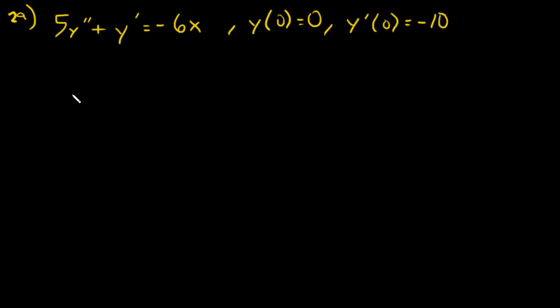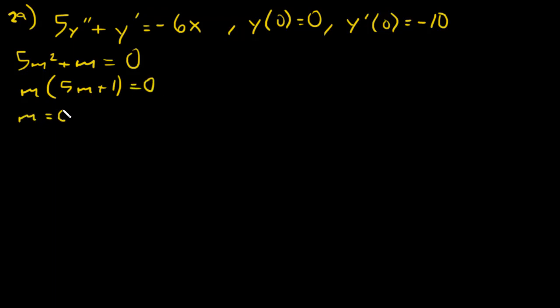Okay. So first let's solve the auxiliary. So, if I don't mess up, 5m squared plus m equals 0. I'll factor out an m. We'll have m times 5m plus 1 equals 0. So m is going to equal 0, and m is going to be negative 1/5.